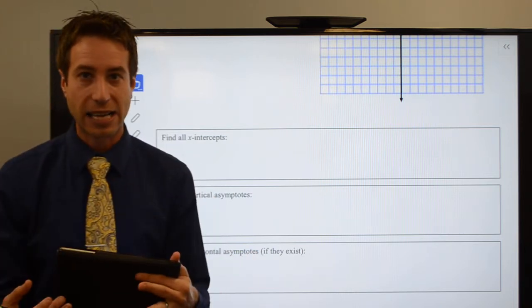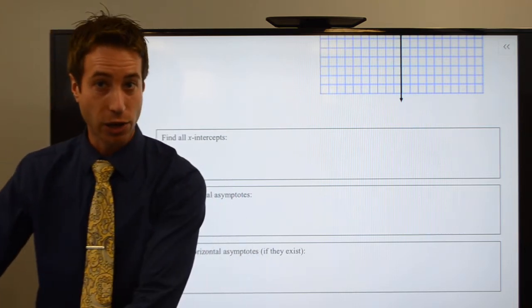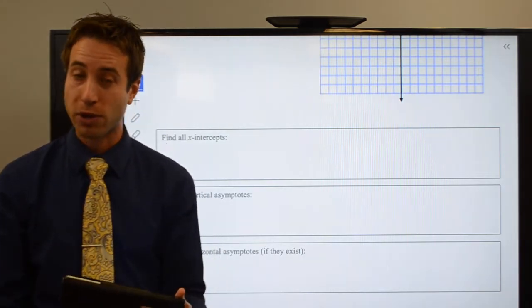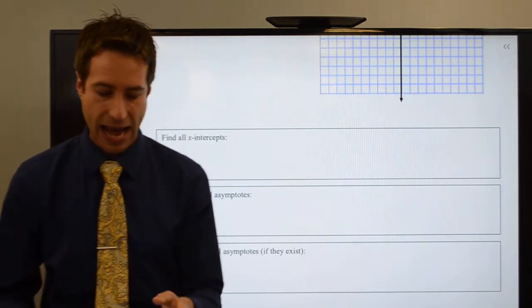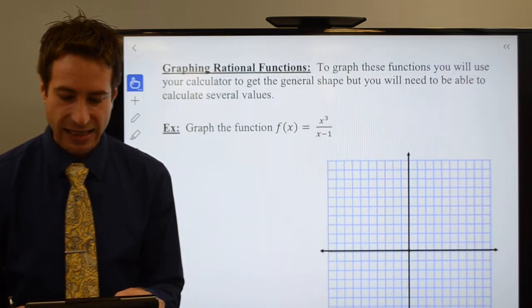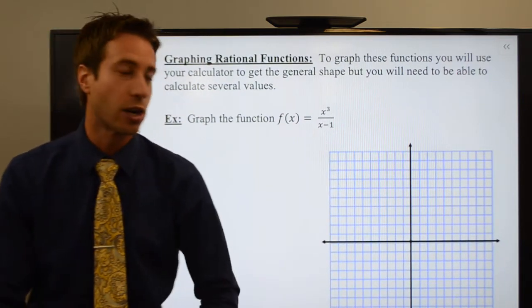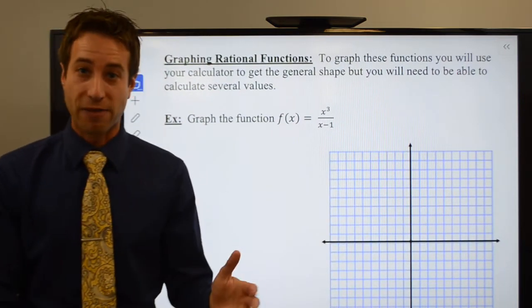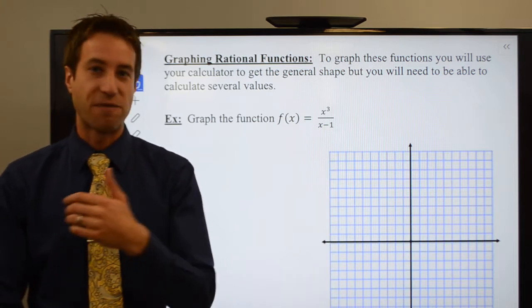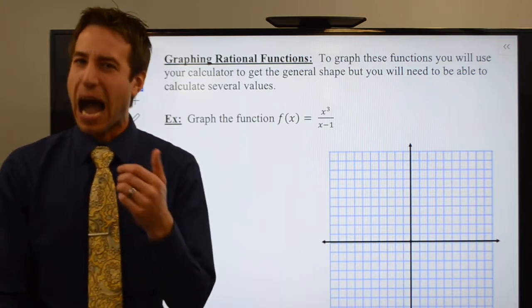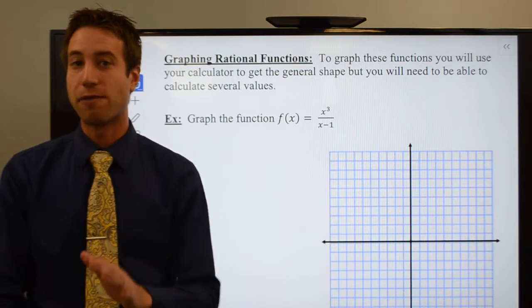So, taking this class with me, put that graphing calculator away, follow along with me because you need to know how to do this math. Now, if you're taking this class somewhere else with another teacher, I love graphing calculators. They're fantastic. But you should be able to do this stuff on your own.